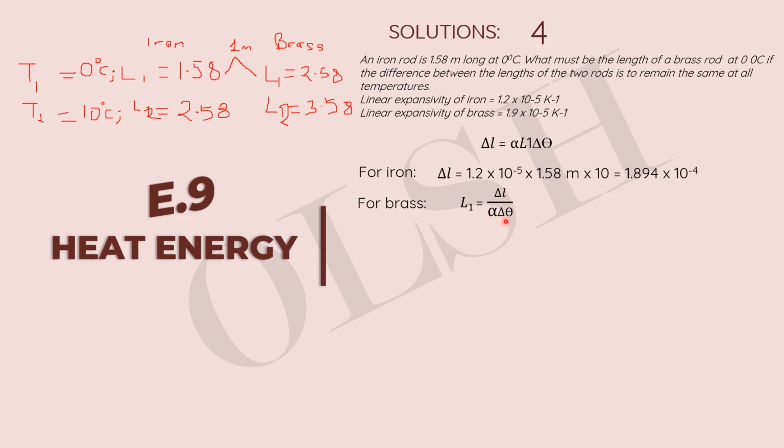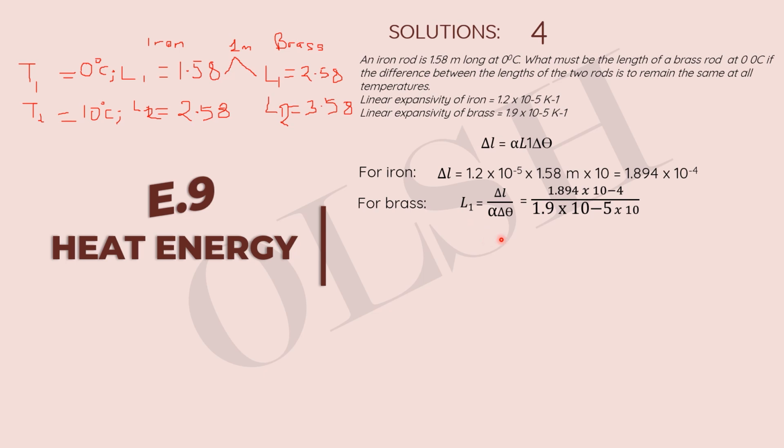Our change in theta, we have that already as 10, because we're working with a T1 of 0 and an assumed T2 of 10, because we're told that the difference between the length of the rod remains the same at all temperatures. So no matter the change in temperature, no matter what value it is, your change in length for iron at that same change in temperature is your change in length for brass.